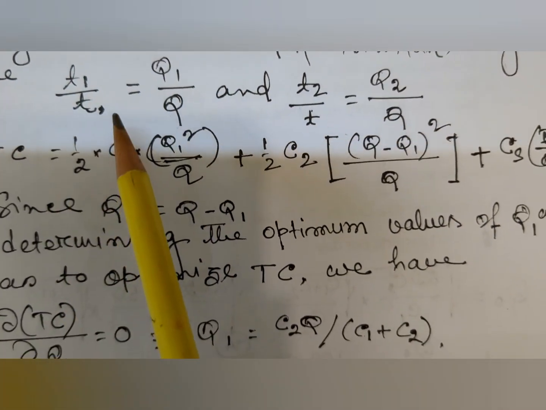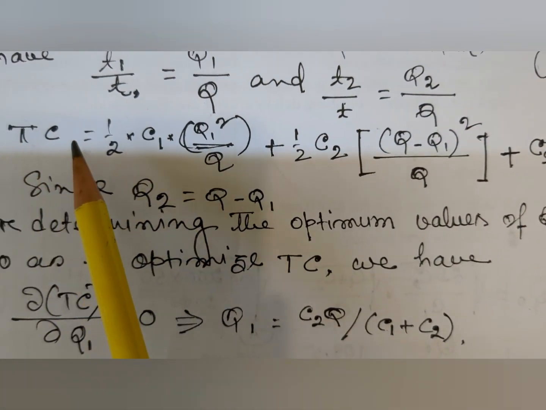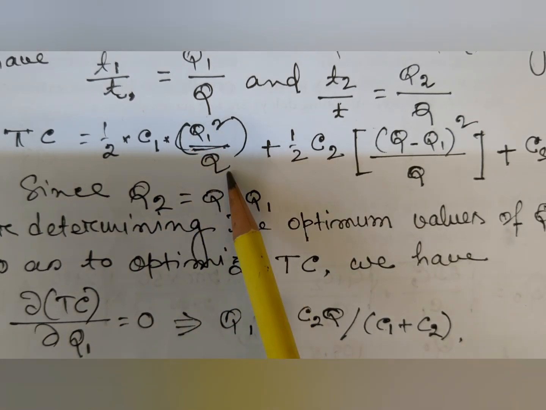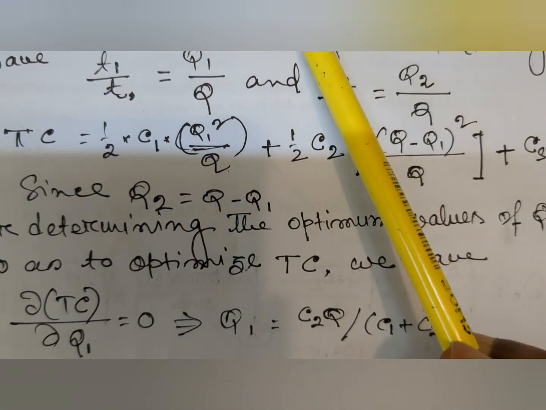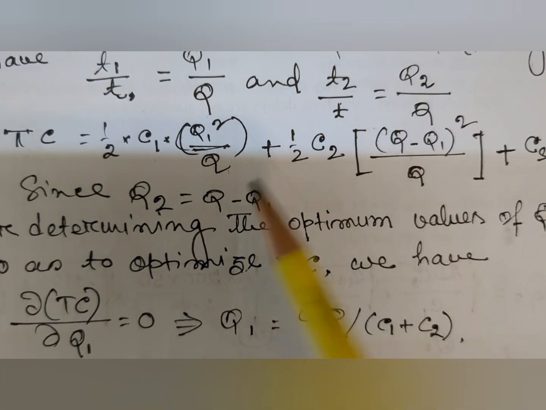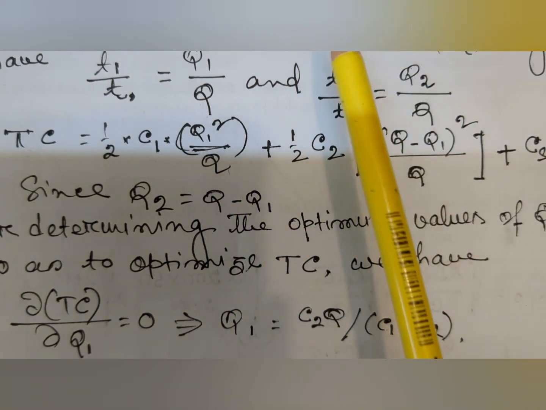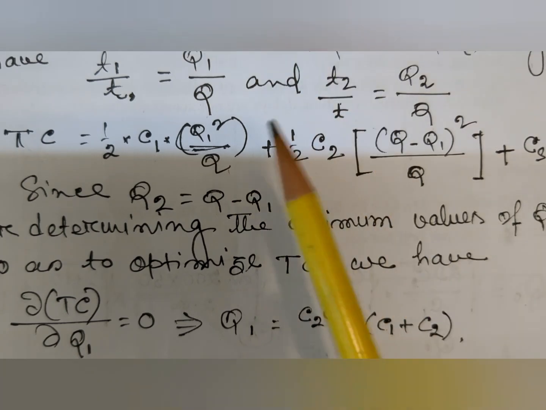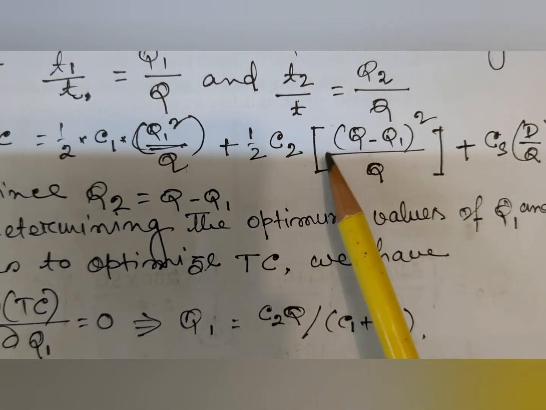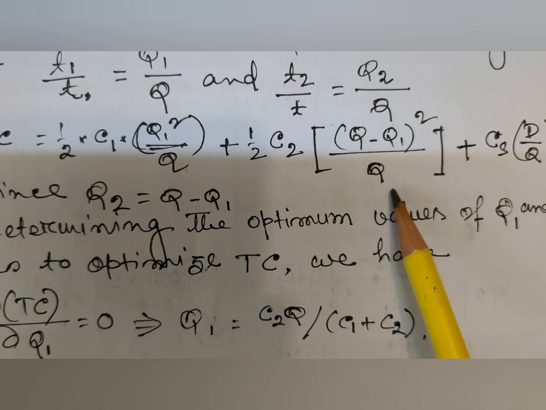Now putting these values into this expression, we can write total cost is equal to half into C1, this half into this is T1 by T. In place of T1 by T, we have written Q1 by Q. Already Q1 is there. That's why Q1 square by Q, plus half into C2 into Q minus Q1 whole square divided by Q. Why this?